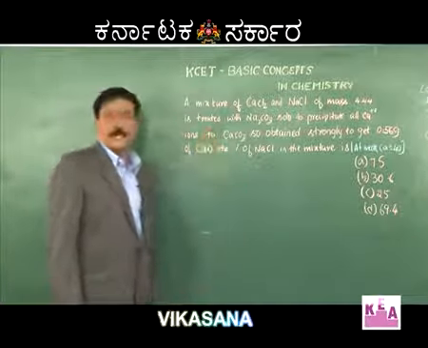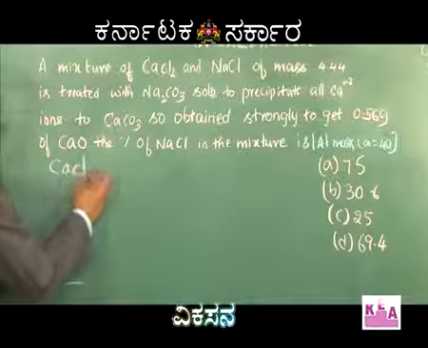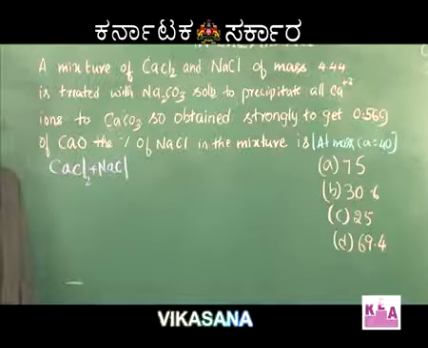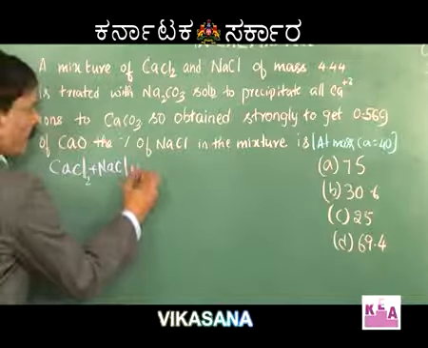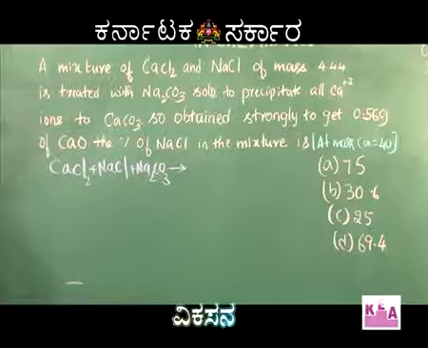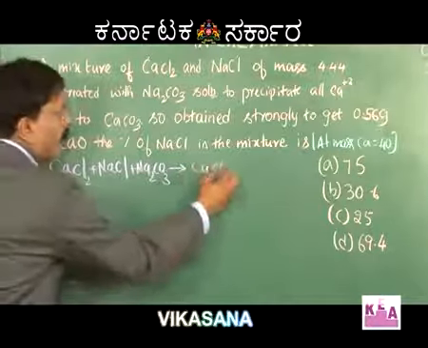What is the mixture that we have taken? The mixture is calcium chloride and NaCl. What do we do to this? We add sodium carbonate. When you add sodium carbonate, you will be adding that much of sodium carbonate so as to precipitate all the calcium here as calcium carbonate.